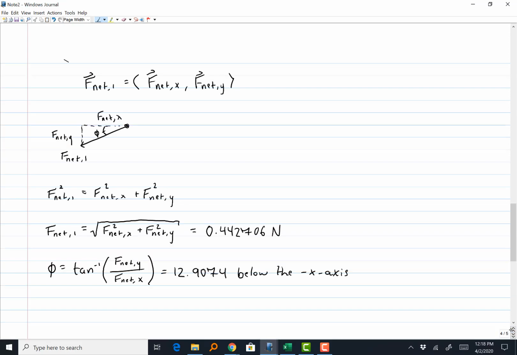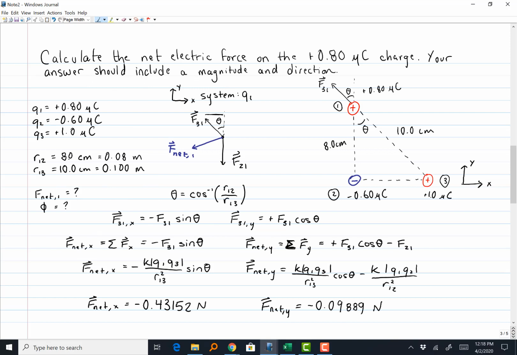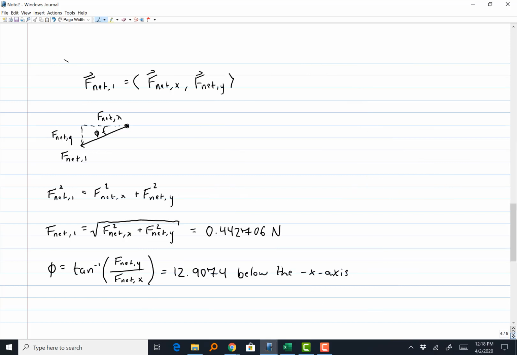All right, so this is a 2 sig fig problem. So the final answer is going to be 0.44 newtons and 13 degrees below the negative x-axis.